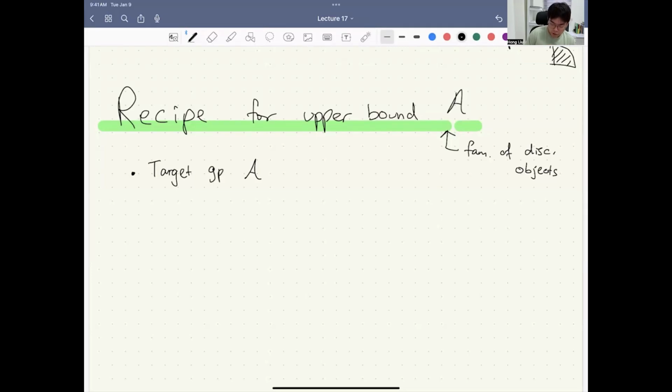The idea is to introduce a control group B, and usually this B is random.